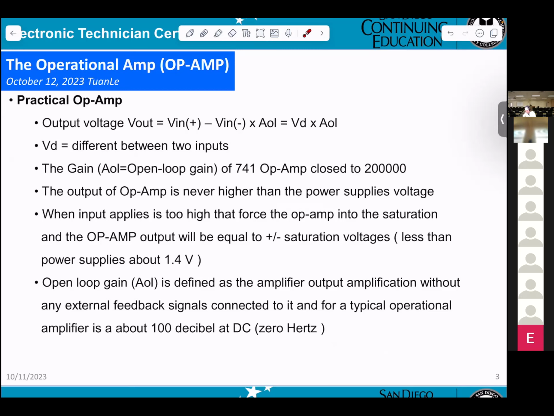The output of the op-amp is never higher than the power supply voltage. If you're using a plus or minus 15 volt power supply, the output of the op-amp cannot be higher than plus or minus 15 volt, even though the open loop gain is 200,000.